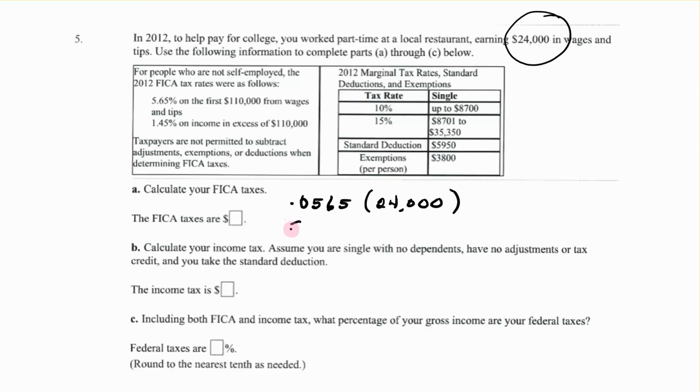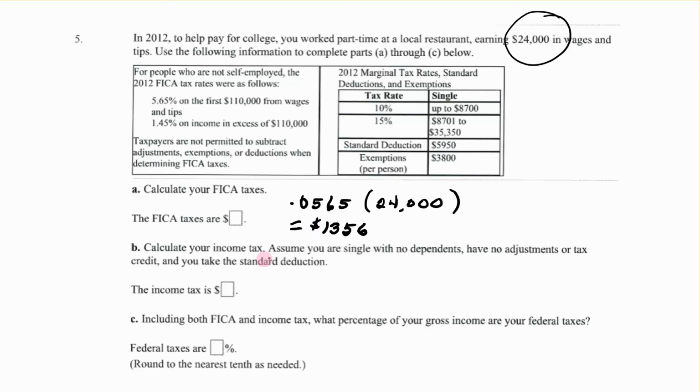So that's going to give her FICA taxes of $1,356. And I was in error a few minutes ago when I said that this was based on adjusted gross income. It's not. It's based on just gross income.